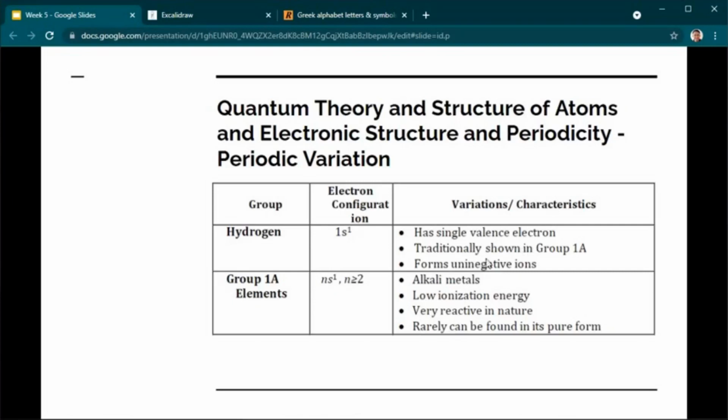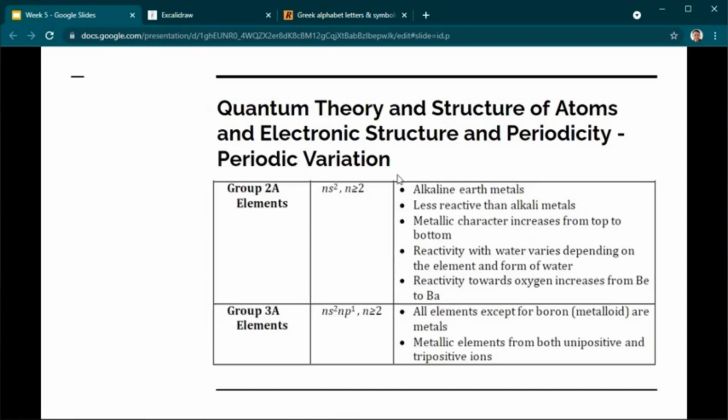It has a single valence electron and forms uninegative ions. Group 1A elements, it's hard to explain if we don't have a predictable element on this side, right? But anyway, these are alkali metals. They have low ionization energy, they are very reactive in nature, and can rarely be found in their pure form.